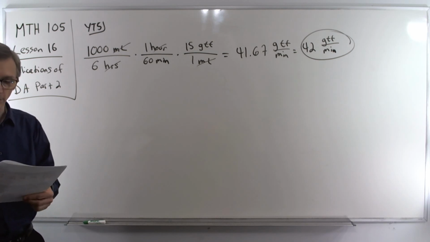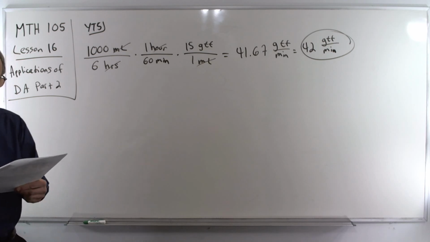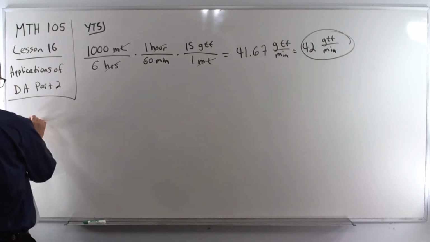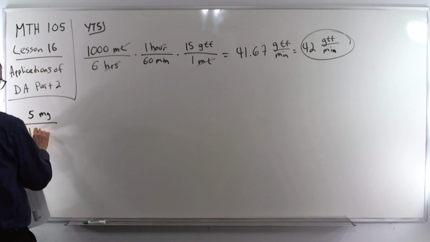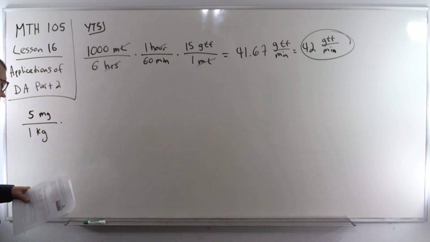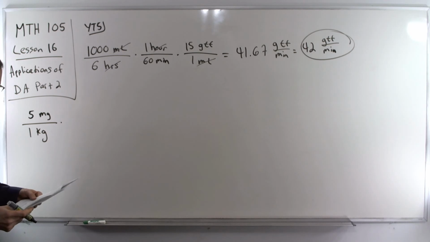All right, so we're going to start with the dosage, 5 milligrams per kilogram, and we're going to convert this until we get to milliliters of Medrol.